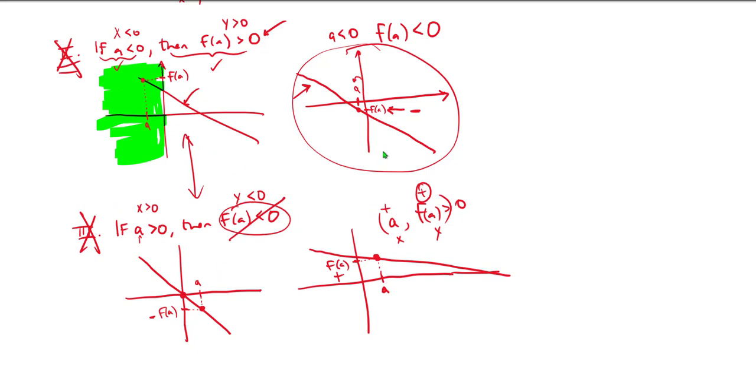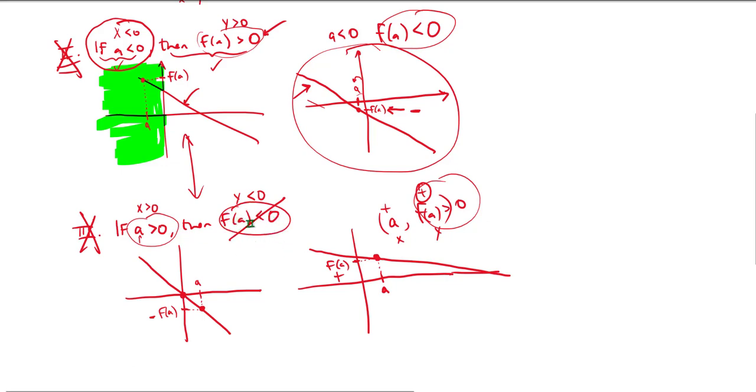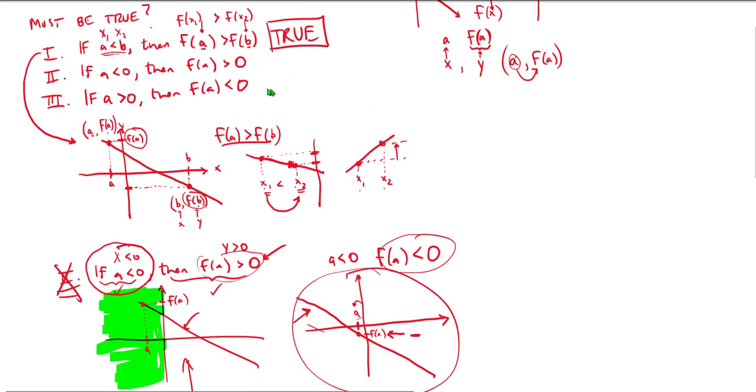If we use different lines, in Roman numeral 2, we can make a less than 0 and get f of a to be less than 0, as we showed here. And in Roman numeral 3, we can make a greater than 0 and get f of a to be greater than 0, which means f of a is not less than 0. It doesn't always have to be true. So Roman numerals 2 and 3 can be true, but they are not necessarily true. They don't always have to be true.